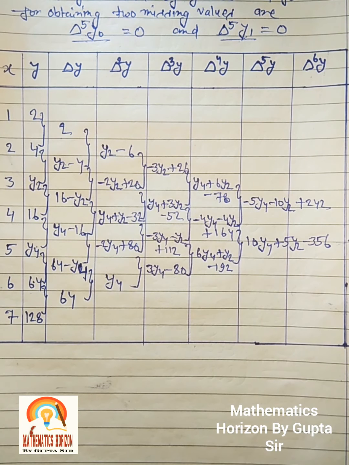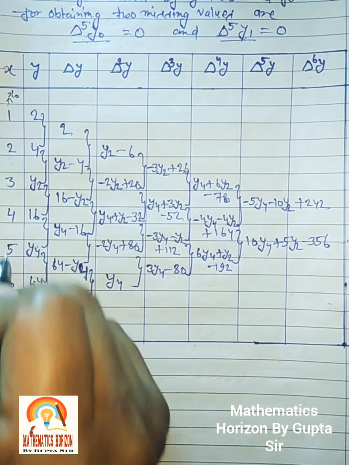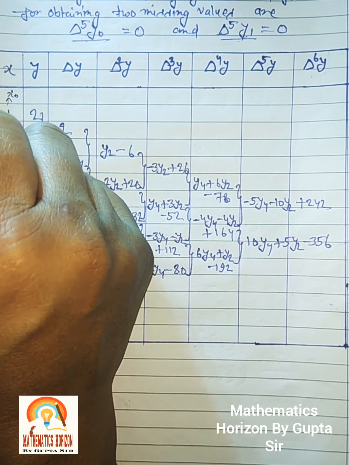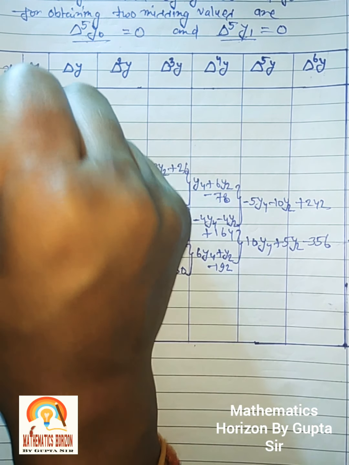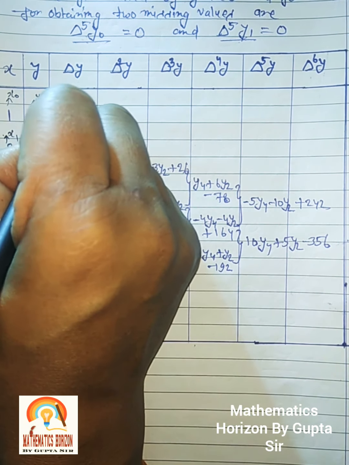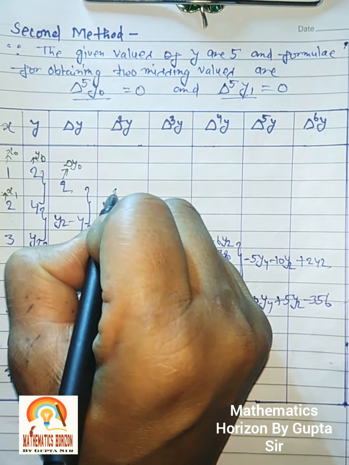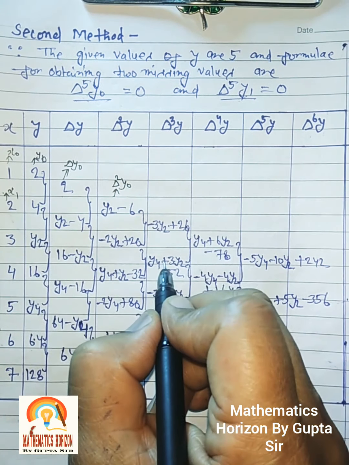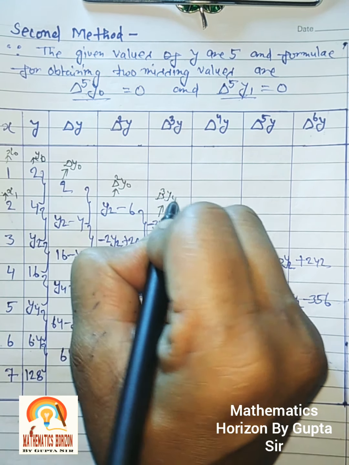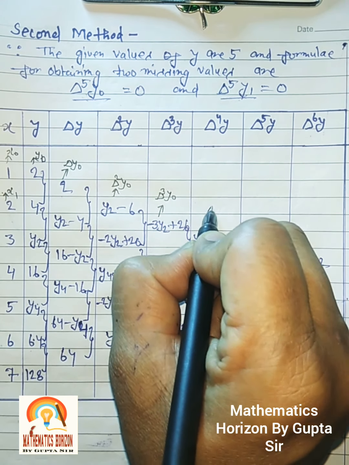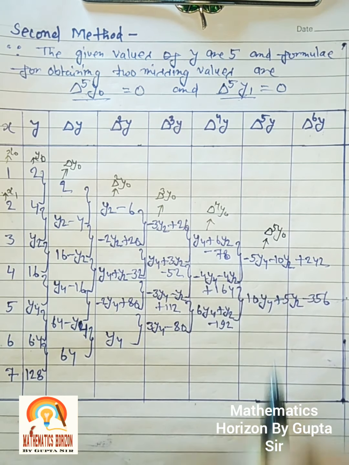Okay, this is our x0, this is the term x0, and this is the term x1, and this is the corresponding y0, and this term will be del y0, this will be del square y0, this will be del cube y0, this term will be del 4y0, and this term is del 5y0.